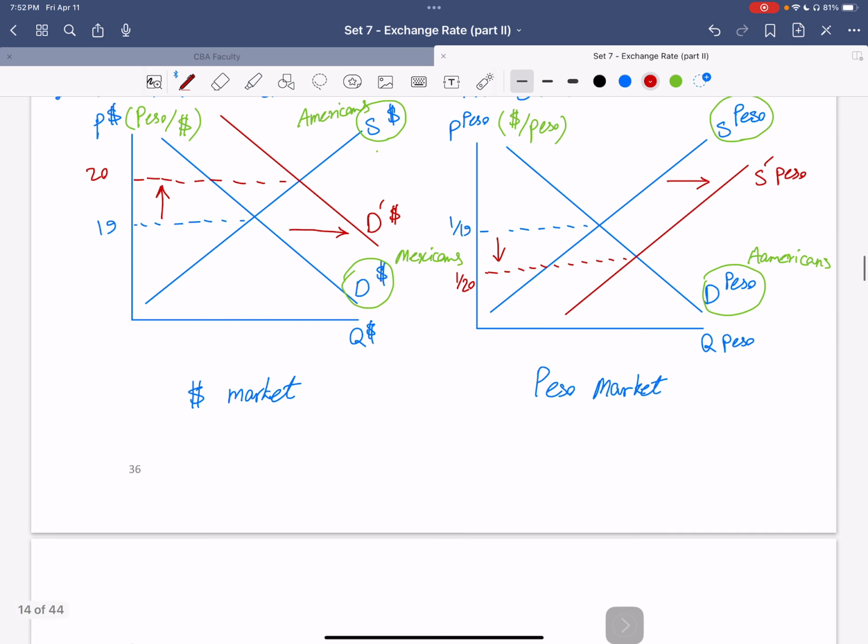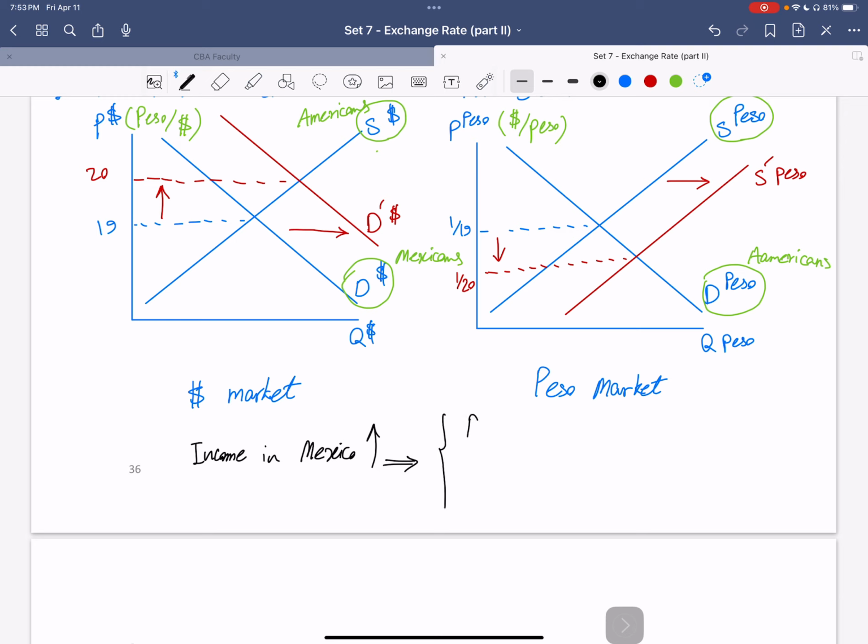So in summary, income in Mexico increases. Let's say GDP in Mexico increases. You know that at the country level, the income is equivalent to the total GDP of that country.